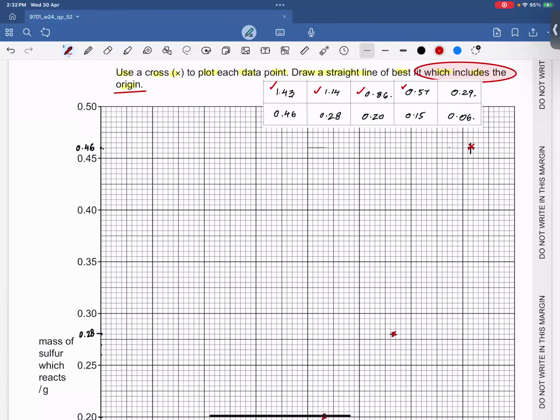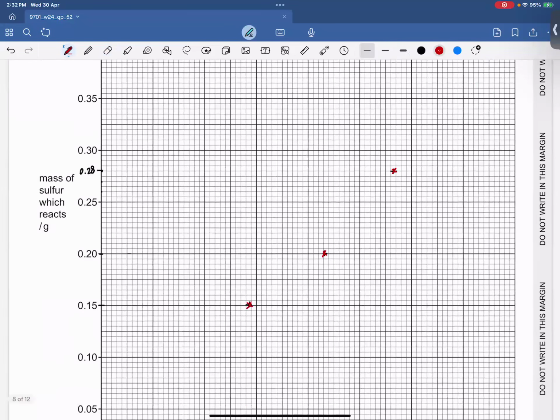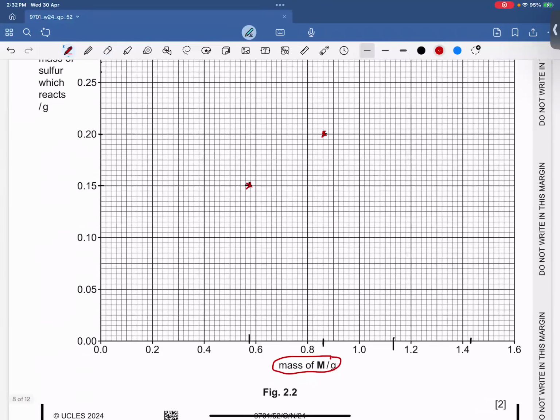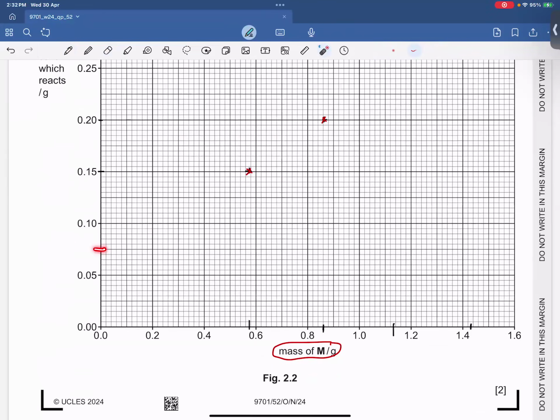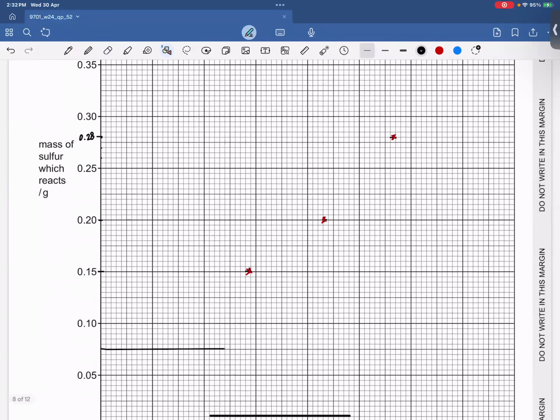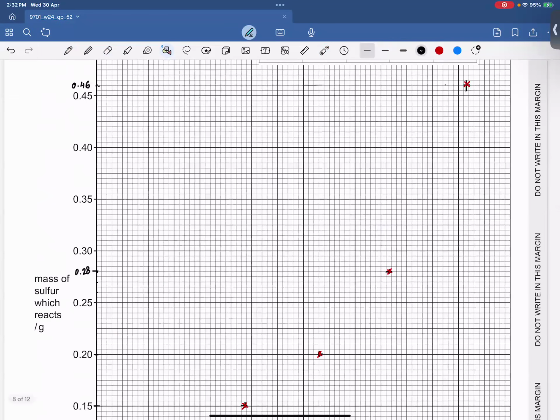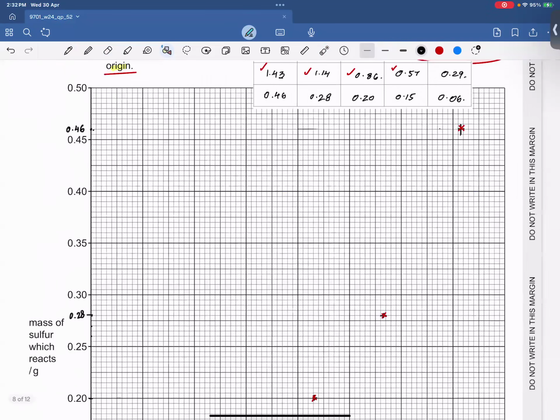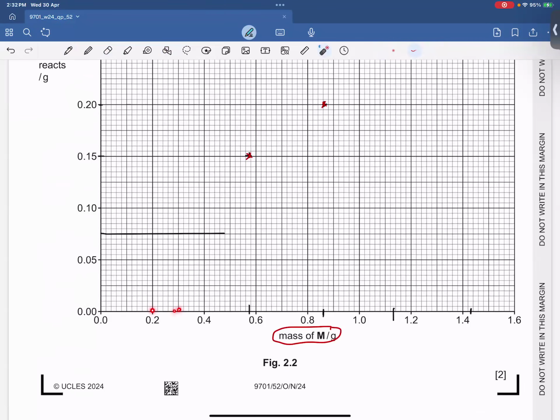Next is 0.06 and 0.29. This is 0.06. And how much? 0.29. So this is 0.2. This is 0.3. This is 0.29, somewhere around here.